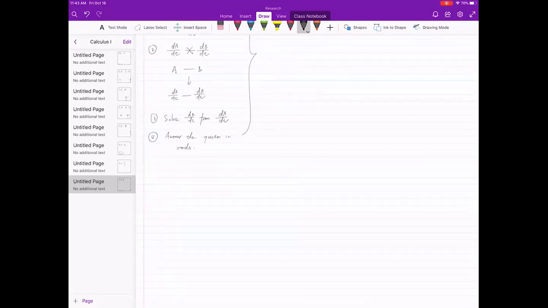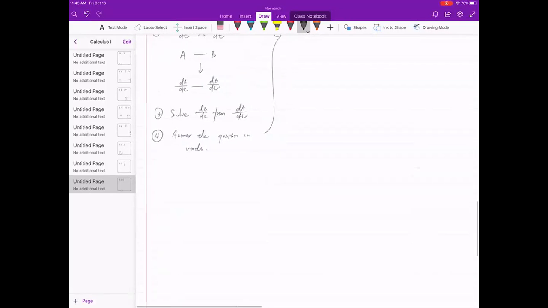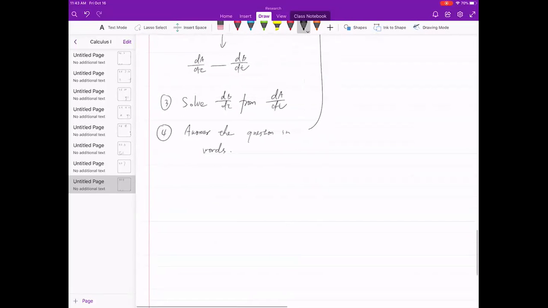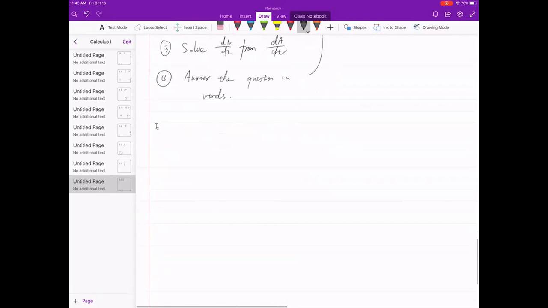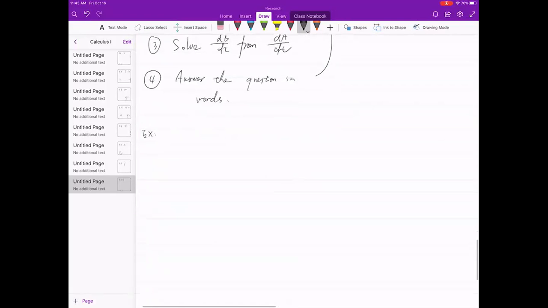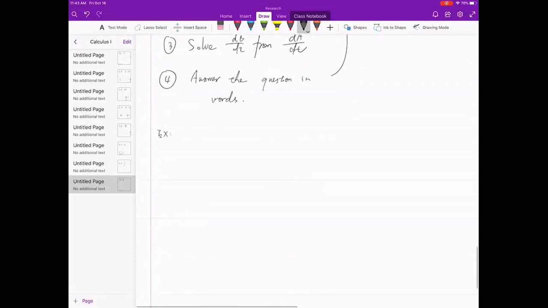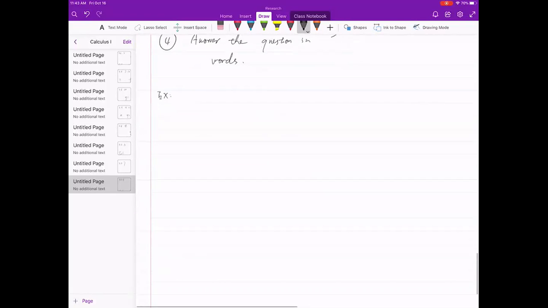All right, let's try to solve another example together. This time, we are going to have a ladder leaning against the wall. And the ladder has a fixed length, 10 feet.